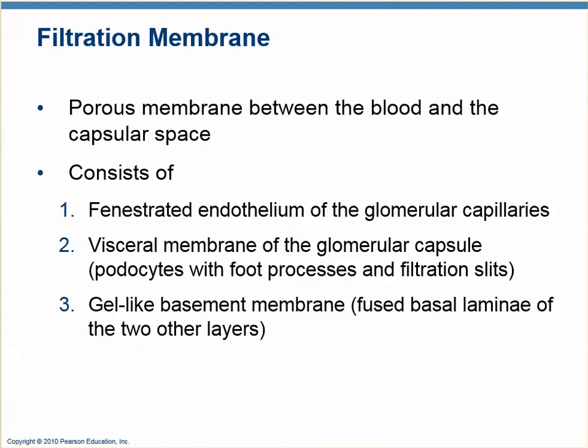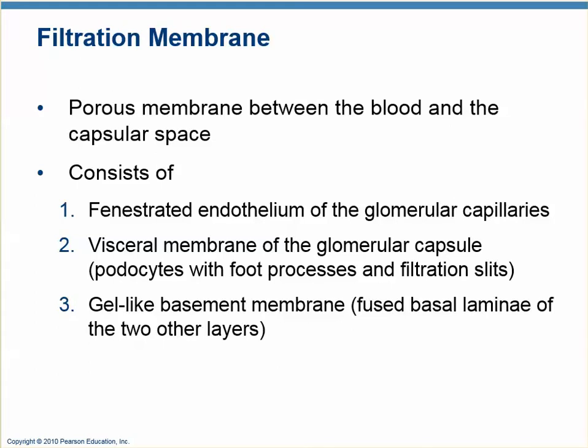And so the membrane that causes the filtration. So basically, think of the paper of the coffee maker, the filter basket and the coffee pot, and the membrane that keeps the coffee grounds in and lets the coffee through is the filtration membrane.